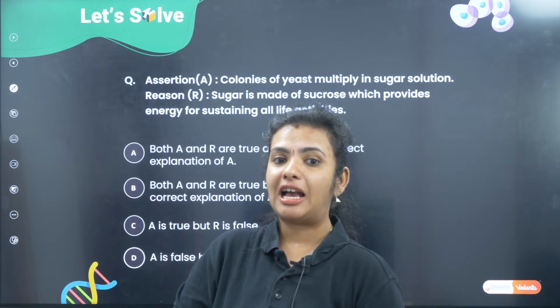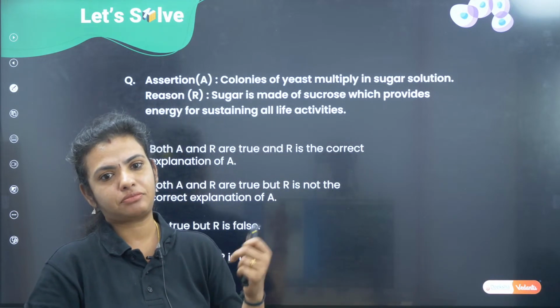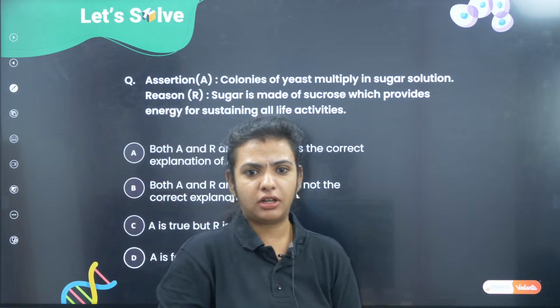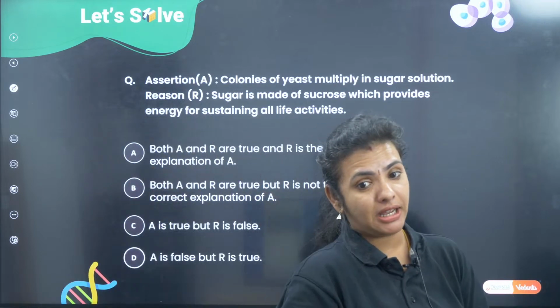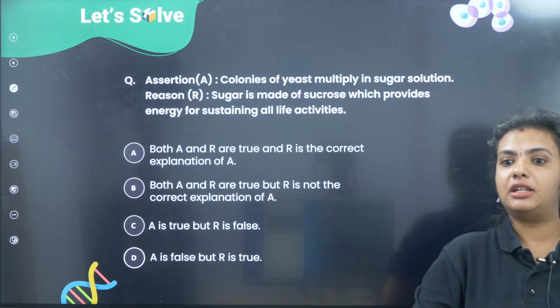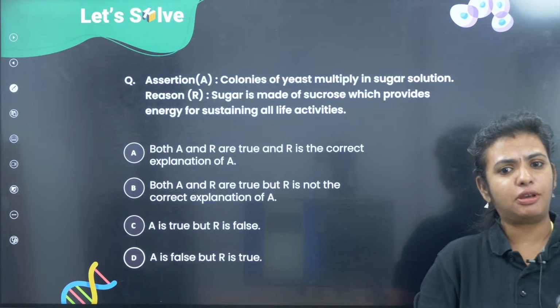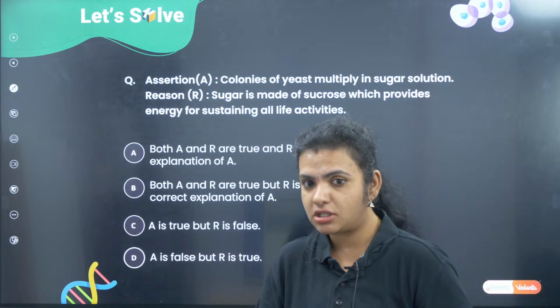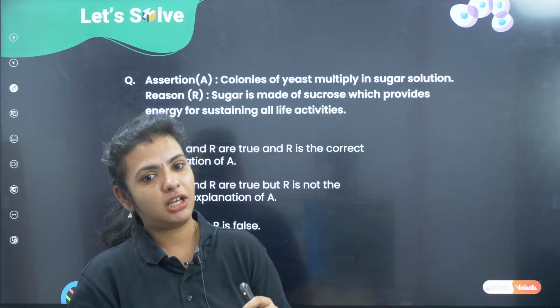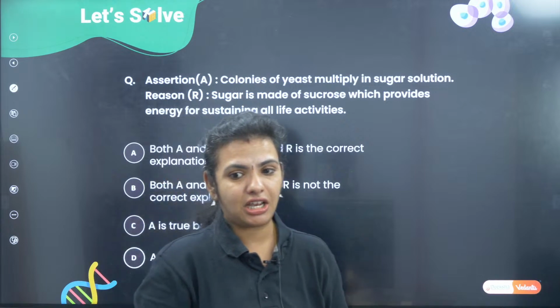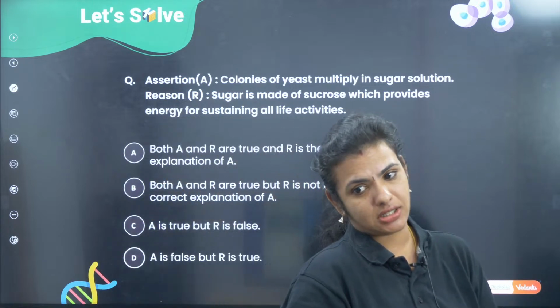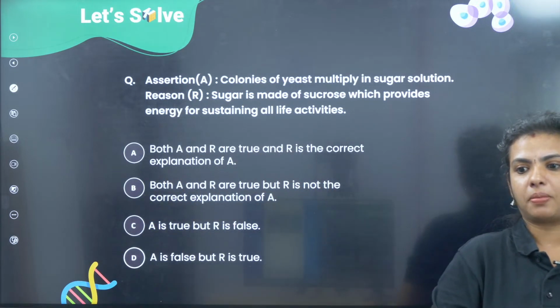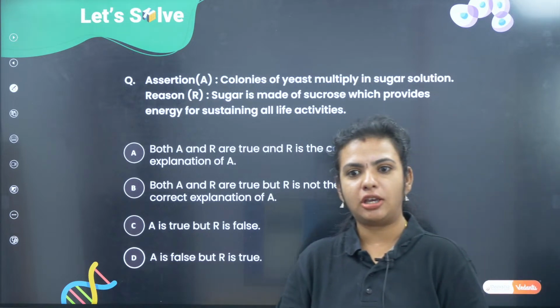So we have an assertion which says a group of yeast is going to multiply in sugar solution. The reason says it is because the sugar is made up of sucrose, and that sucrose is going to provide energy to sustain all the life activities. What is the answer? I hope all of you are enjoying my class.